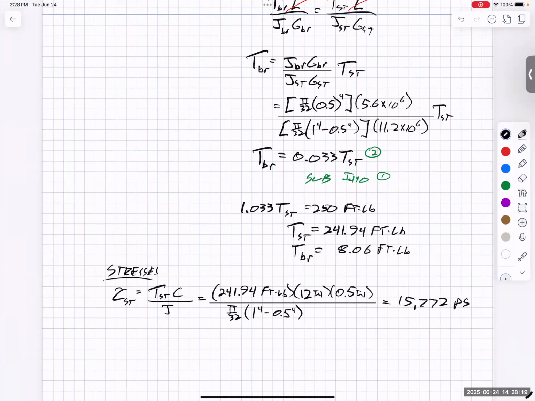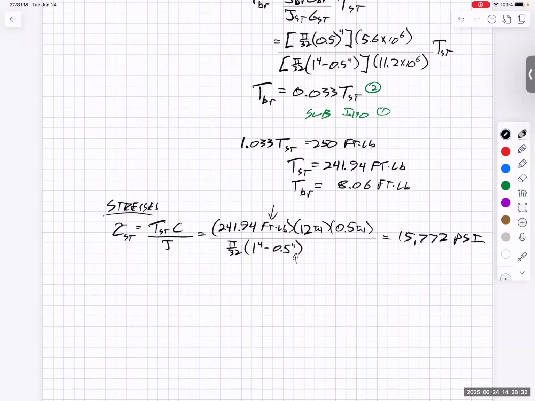My units here would be PSI because I am working in pounds and inches, and I know stresses are force over area, right? So I might as well put a box around that since that's a final answer for my shear stress on the steel.